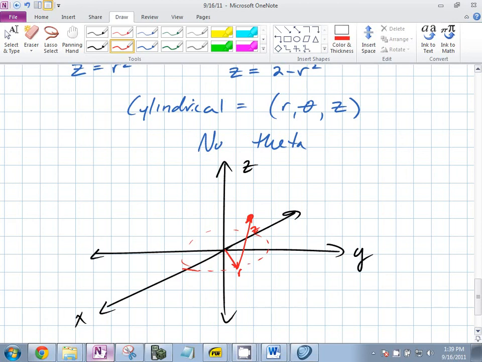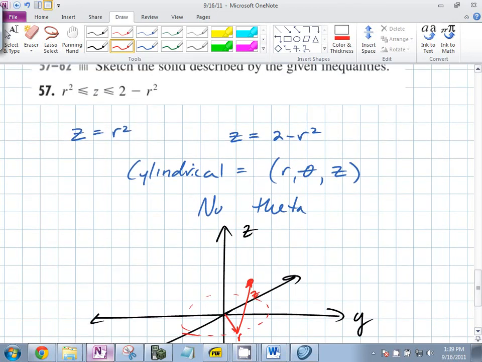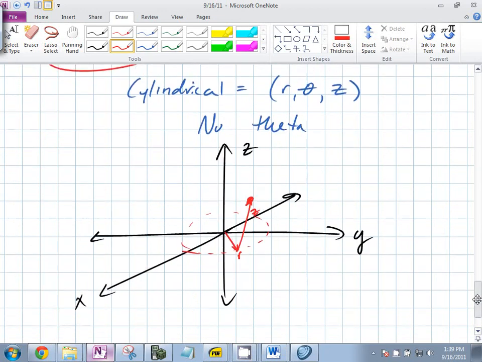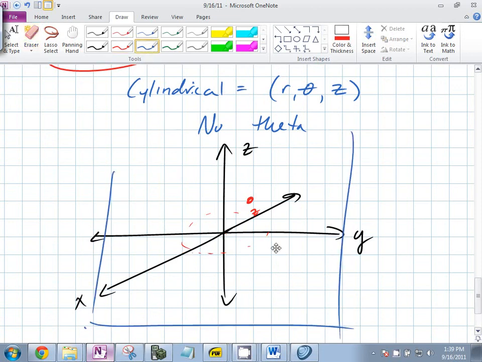So let's look at the relationship here. Let's look at the easy one. Z equals r squared, meaning as r goes out, what happens to the height? It goes up. Let's look at the zy plane, so x is coming out of this.